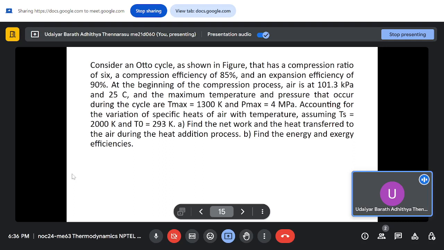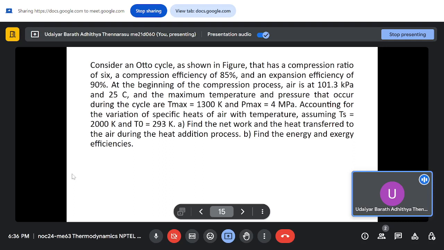Consider an Otto cycle as shown in the figure that has a compression ratio of 6, a compressor efficiency of 85%, and an expansion efficiency of 90%. At the beginning of the compression process, air is at 101.3 kilopascal and 25 degrees Celsius, and the maximum temperature and pressure that occur during the cycle are 1300 Kelvin and 4 megapascal.